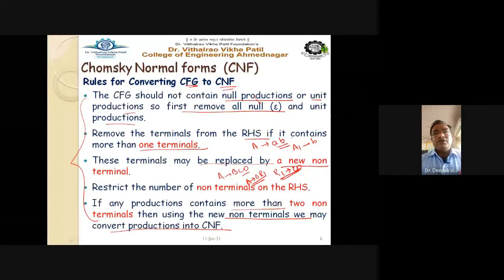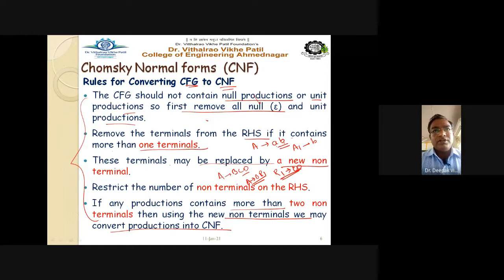So first, if null productions or unit productions are there, the steps we have already discussed: how to remove the null production, epsilon production, as well as the unit production, A gives B, non-terminal gives non-terminal on both sides. Then remove the terminals from the RHS. If there is more than one terminal, then the extra terminals must be removed. And restrict the number of non-terminals on the right hand side.